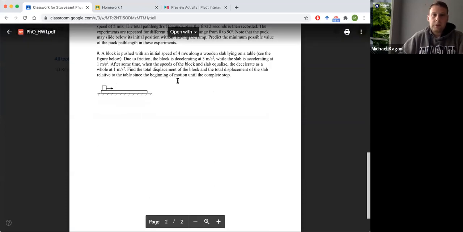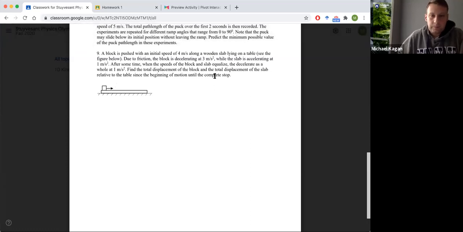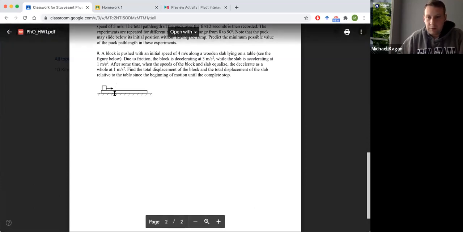Yeah, so this is number 9. So this acceleration is with respect to the table, I believe. But again, some of you may want to switch to the slab's reference frame.